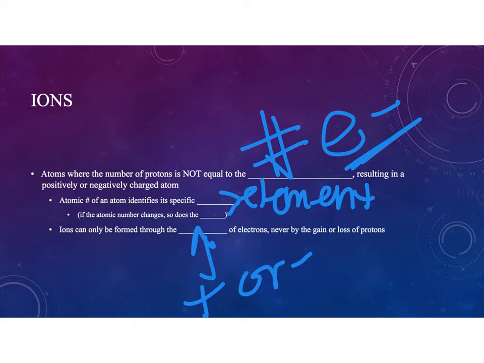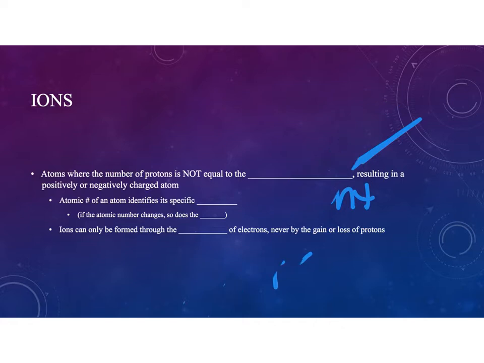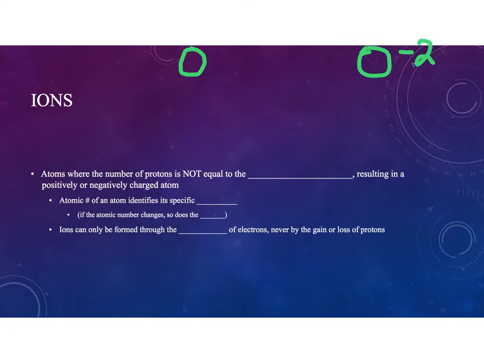Let's clear the board. I'm going to give you two examples of one single element. Specifically, we're going to use oxygen. So we have oxygen and oxygen 2 minus. So oxygen, atomic number of 8. Remember, protons never change. Therefore, that'll be the same for both.